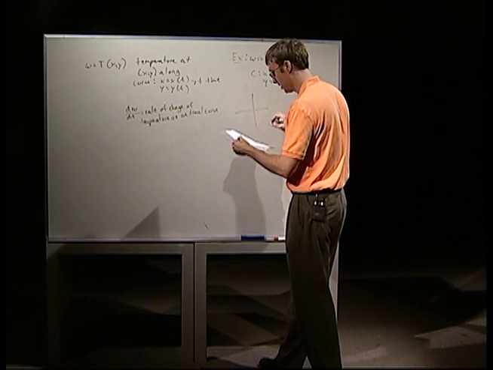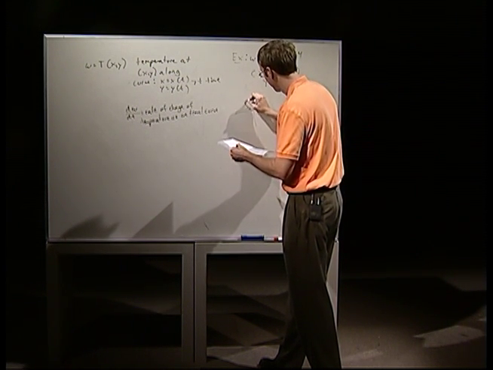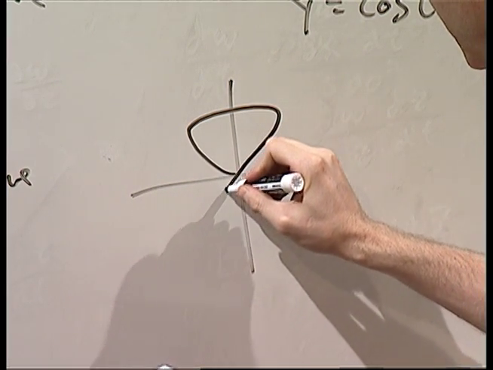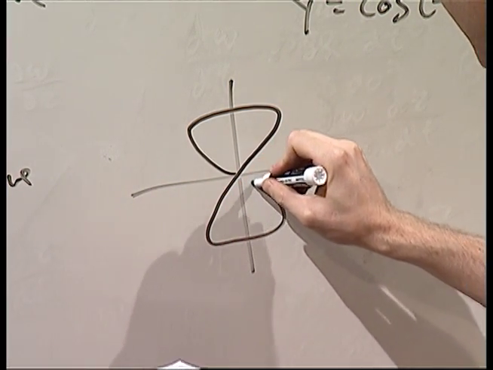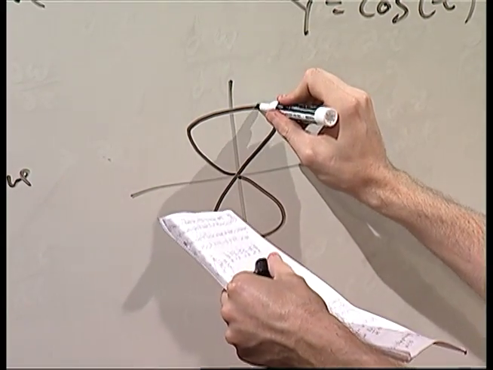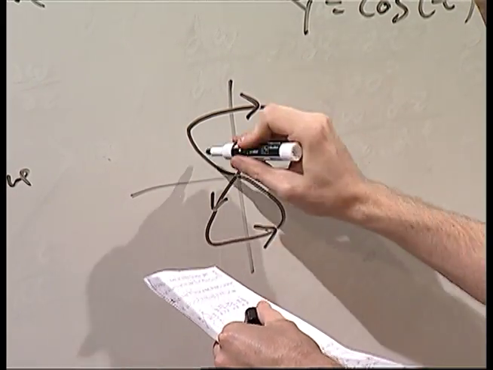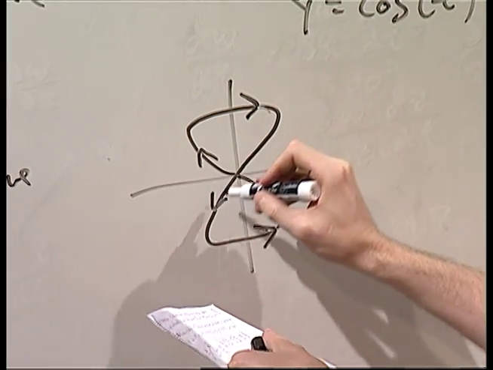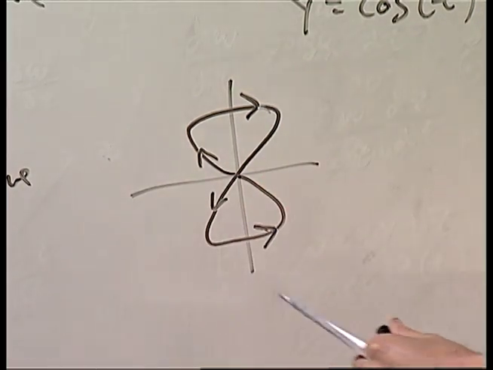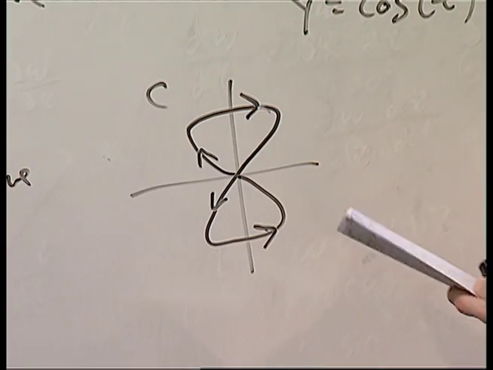So the curve looks something like this. Sort of has this shield shape, or an hourglass shape, I guess. And you are moving always in this direction, going around the hourglass like that. That's C. So there's your curve, right? Your temperature function is above it. This is some surface above this curve, right?